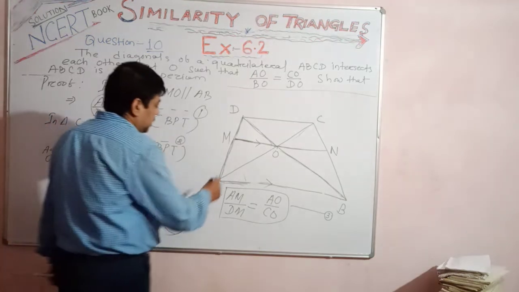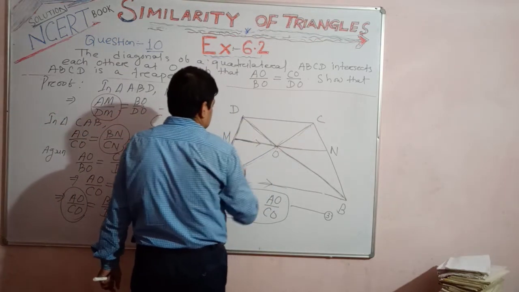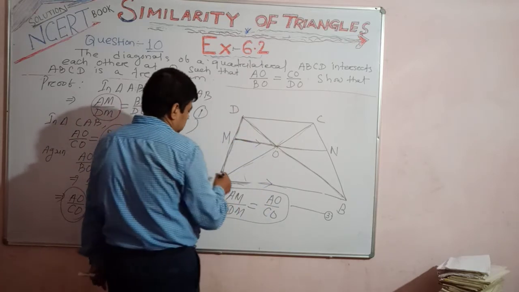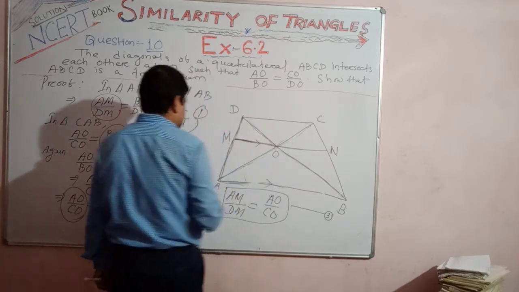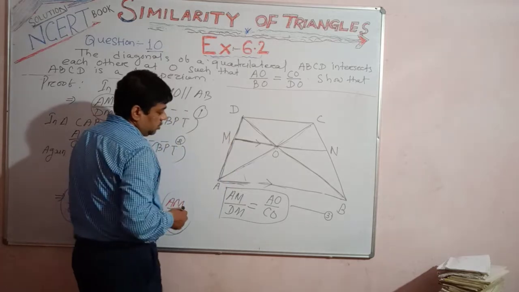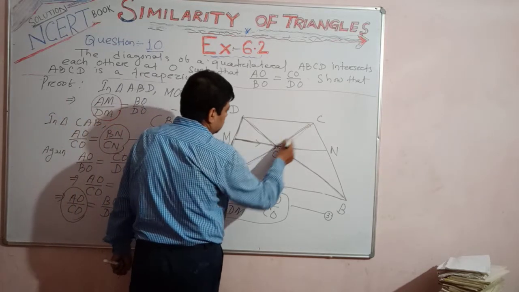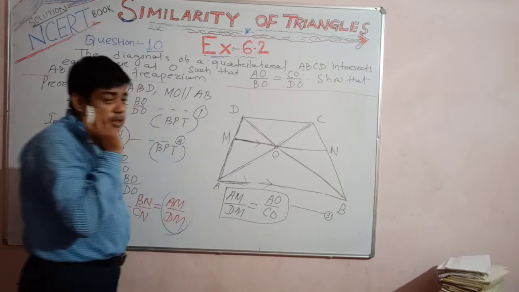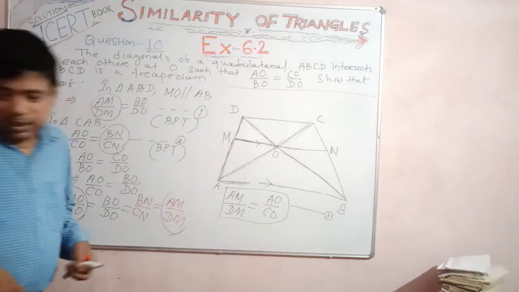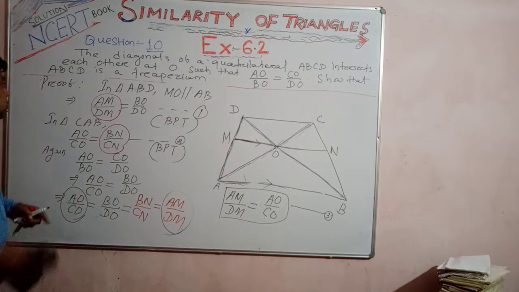Now you see the triangle ACD, OM parallel. In the triangle ACD, what are you observing? AM upon DM is equal to AO upon CO. It means, according to the converse basic proportionality theorem, can you prove OM parallel to CD? Yes or no? Okay, let's see.